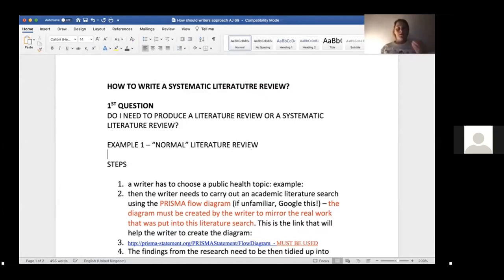A normal literature review talks about what has been published about a given topic anywhere.